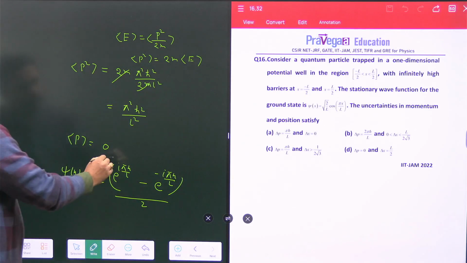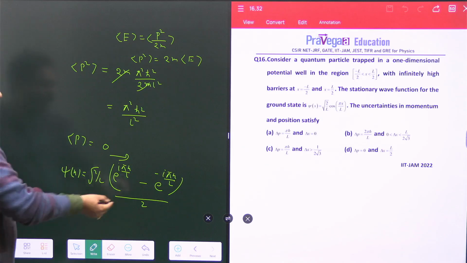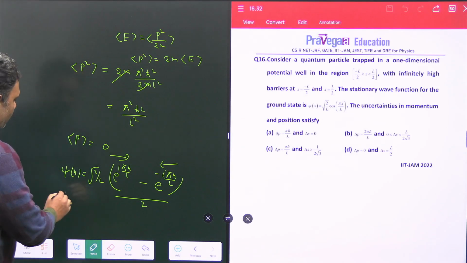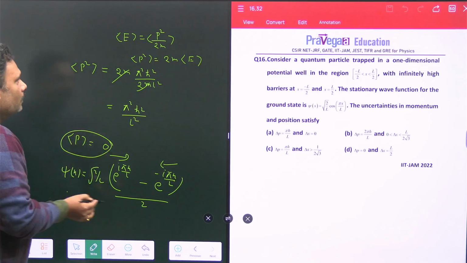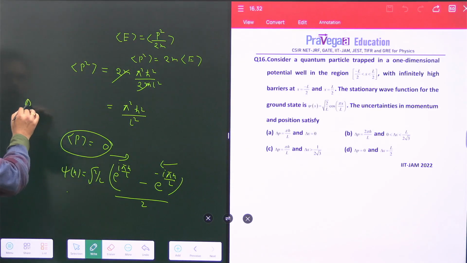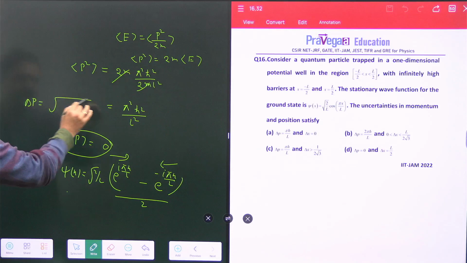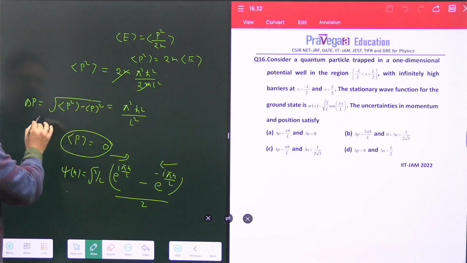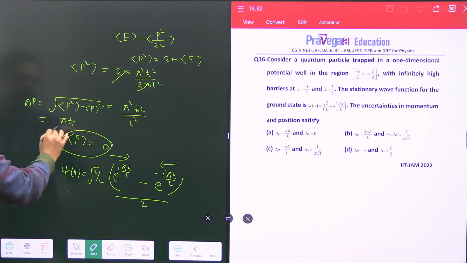You have positive momentum from one term and the same negative momentum from the other, and the weight is the same. So the expectation value of P is 0. So what will be your delta P? Delta P is the square root of the average of P square minus the average of P whole square, and that value is pi h cut upon L.